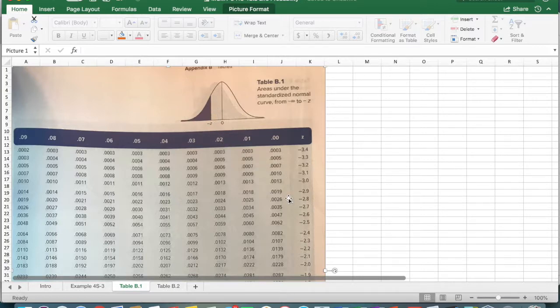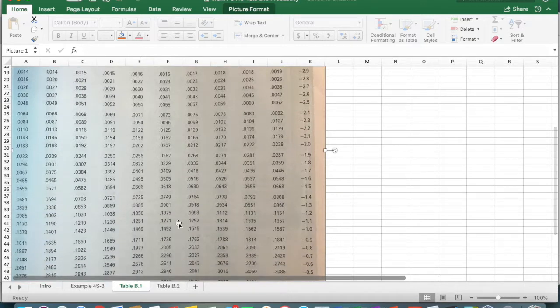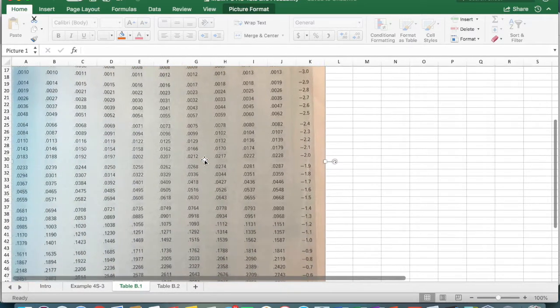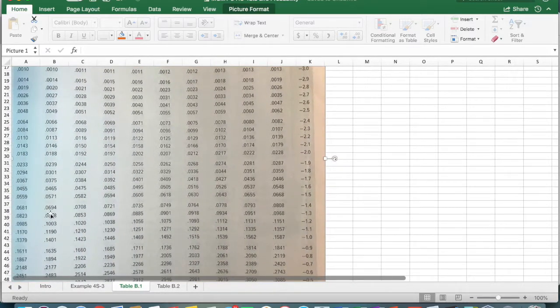So we're going to do this backwards. We're going to look for the area in here and then find what z value corresponds to that area. So I'm going to scan this whole table and find the number that's closest to 10%, and I find it right here. See this 0.1003? That's closest to 10%.